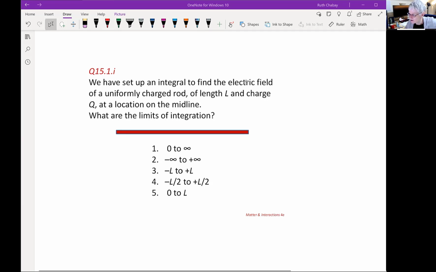Okay, let's see what you said here. The most popular answer is 4. 4 is indeed correct. So let's see why.